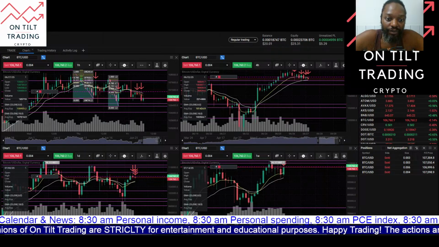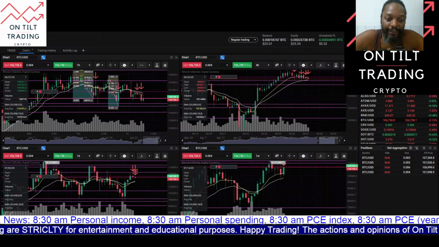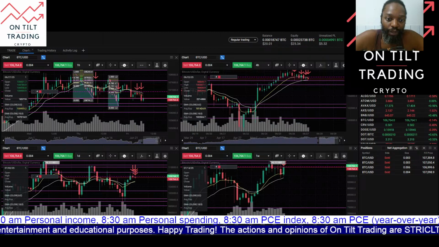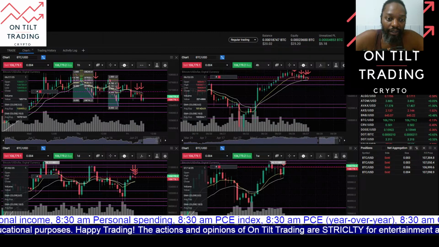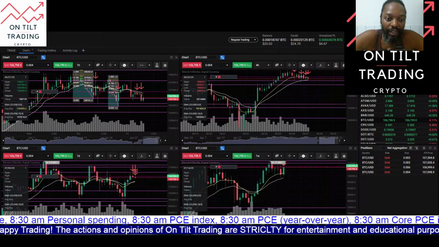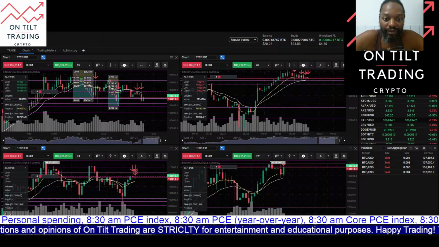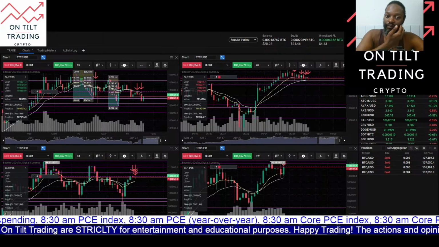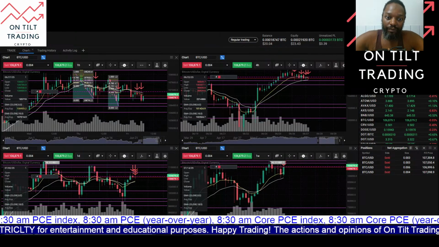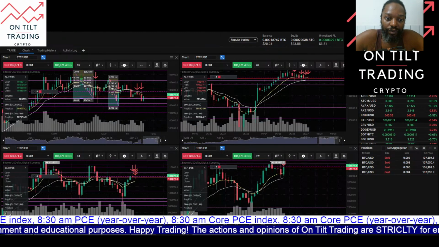Price trading near the 106,750 level currently, at a swing high or low point on the 4 hour that is trading around now 106,800, 106,880.